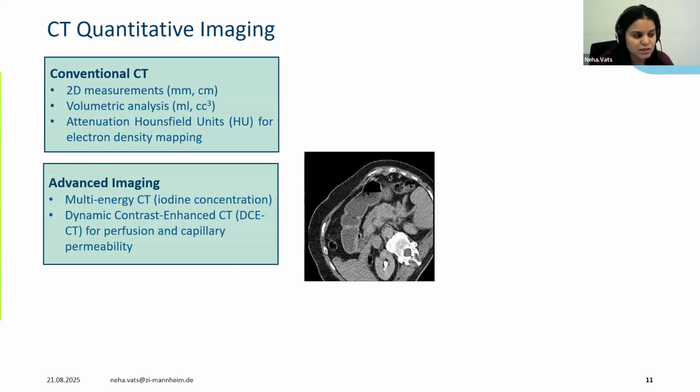But with quantitative imaging, you have a quantitative parameter, quantitative information that you extract from your region of interest, and that parameter will help you identify, in simple terms, if you have a threshold value of 25 for a certain parameter, and the value that you measure is higher than 25, it is a tumor. If it is lower than 25, it is a normal tissue. So that's how quantitative imaging makes it more objective and less subjective. It won't vary from radiologist to radiologist.